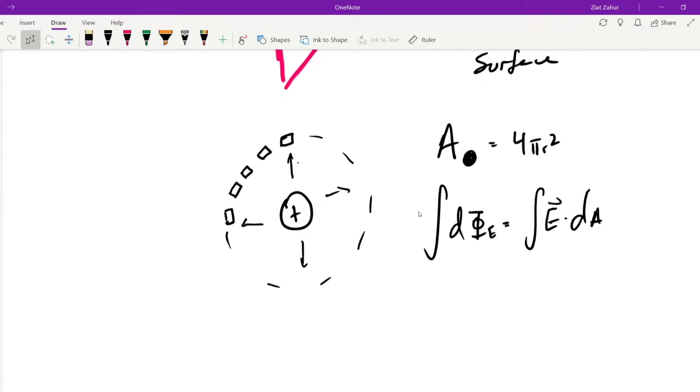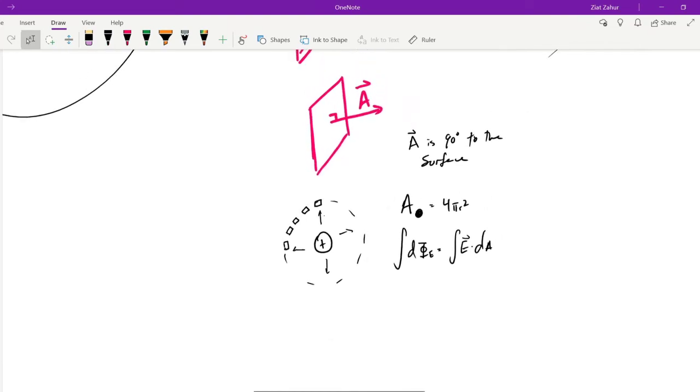Now we are strategically placing all of these tiny little dAs so that the electric field goes parallel to the A vector. Or in other words, the electric field is always perpendicular to the surface of each little area. So it's perpendicular to the surface, it's parallel to the actual vector, such that I get 100% flux every time.